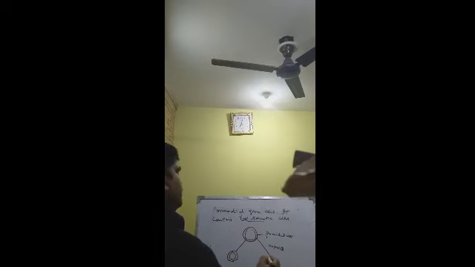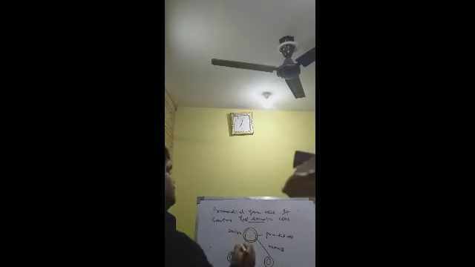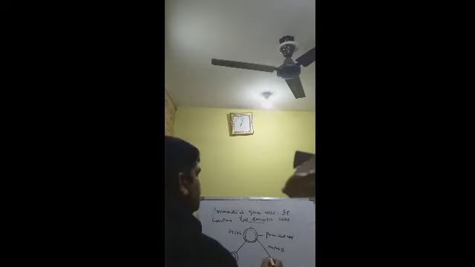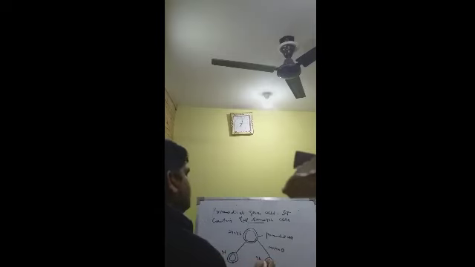We know that this is diploid, it contains 46 chromosomes. When it divides, the number of chromosomes remains the same. So this is also diploid. It contains 46 chromosomes.